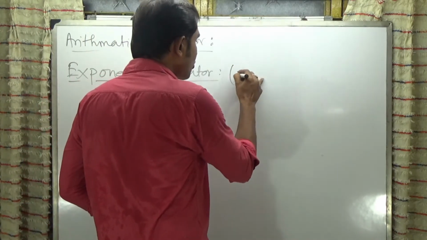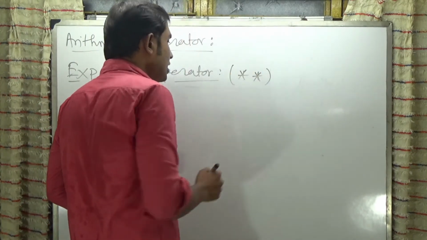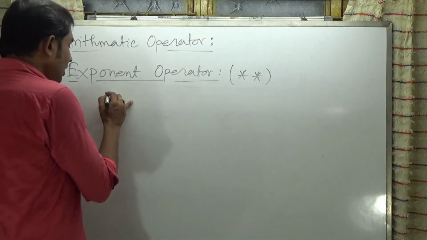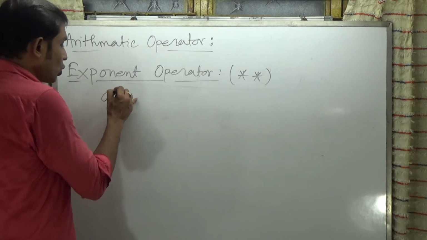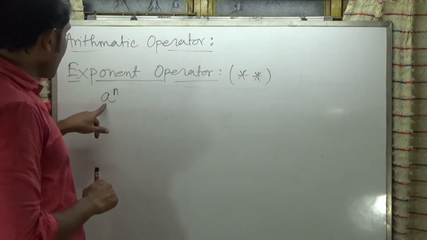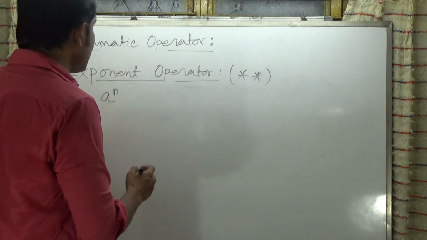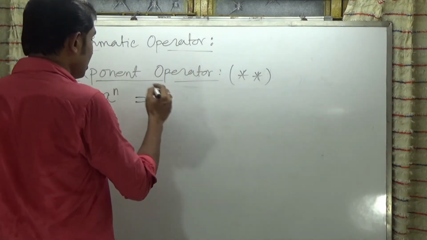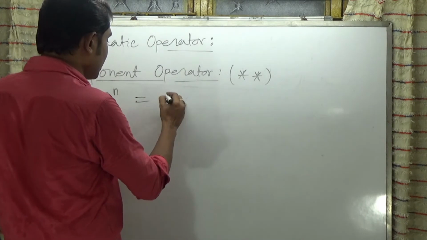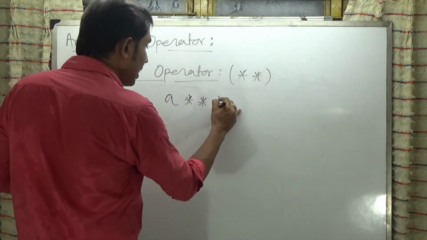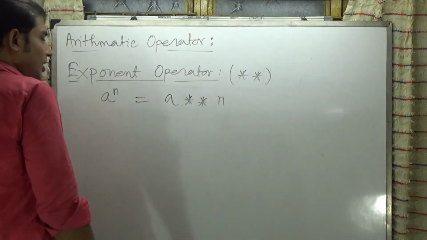So 2 asterisk signs represent the exponent operator in Python. If we have a to the power n, where a is the value and n is the exponent or power, then using the exponent operator it looks like this: a exponent n.